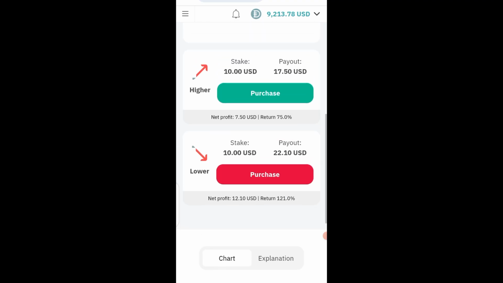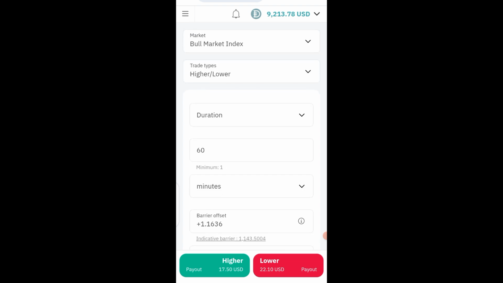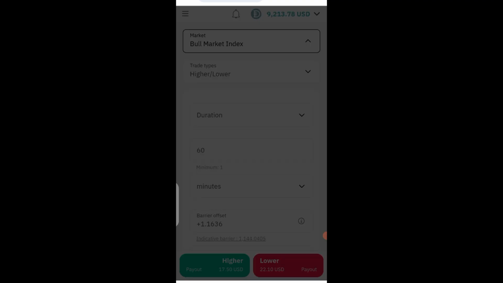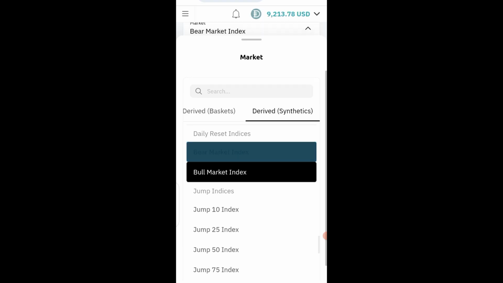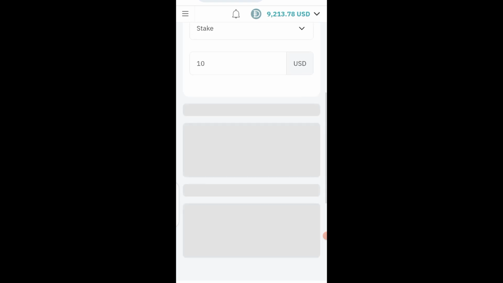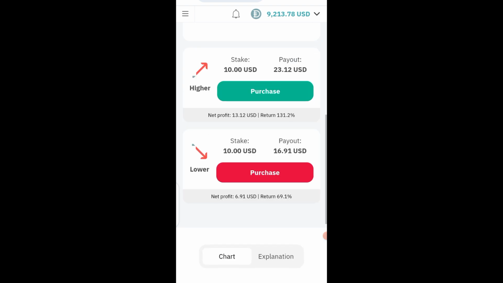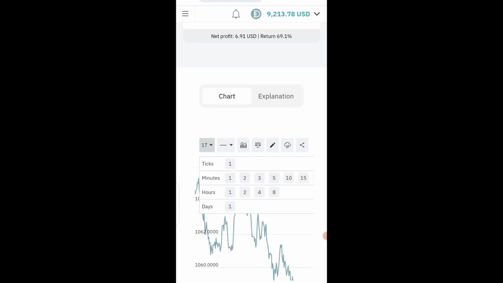So we go to the bear market to check. We go to the daily time frame to check.